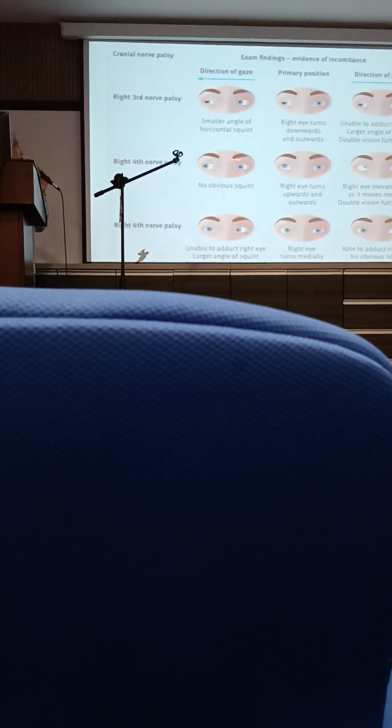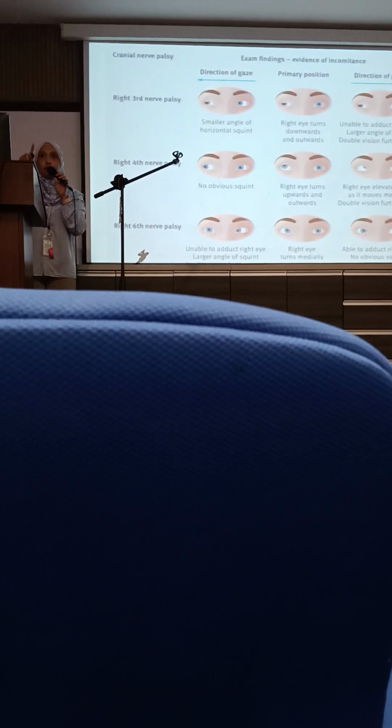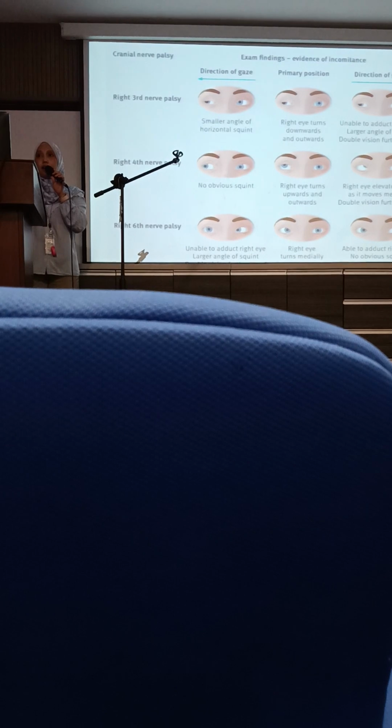But if the patient turns right, you cannot see any obvious squint, because the eye is already up and out. But if you ask the patient to turn left, when do we detect this? When we do the eye movements. So you can detect turn right, turn left, up, down.